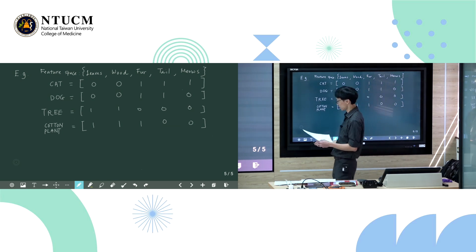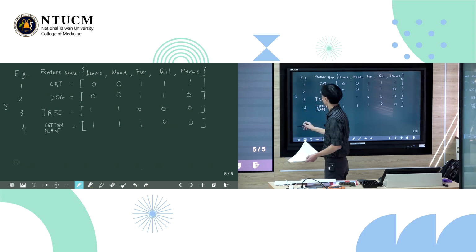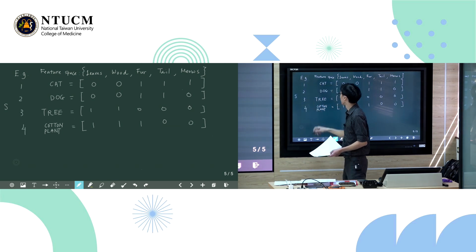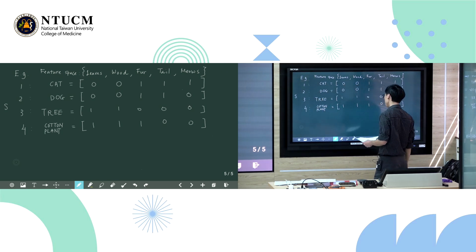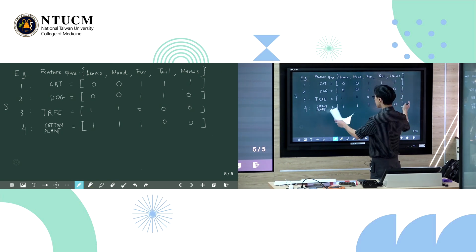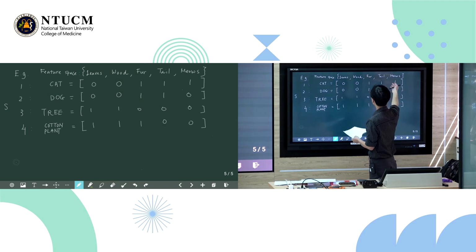So we have these states, 1, 2, 3, and 4, and that they are tree, dog, cat, and cotton plant, and these states are embedded in the feature space of leaves, wood, fur, tail, meows.